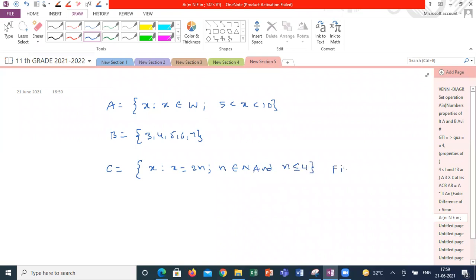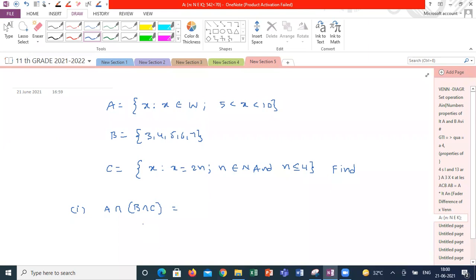Find A intersection B intersection C. Please try to solve this question and we'll wind up the session with this. Tomorrow we'll meet with Venn diagrams and after that complete numericals for two sections.